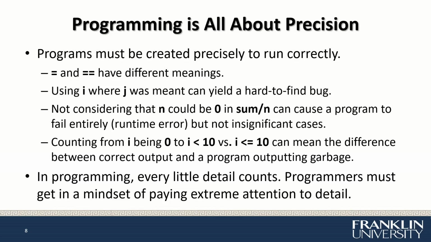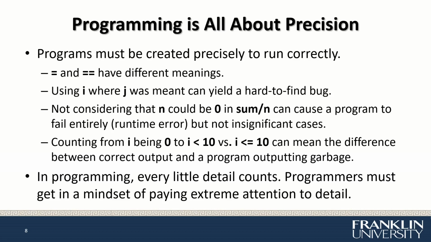Programming is all about precision. Programs must be created precisely to run correctly. The assignment equal and the equality equal have different meanings. Using I where J was meant can yield a hard to find bug. Not considering that n could be 0 in sum divided by n can cause a program to fail entirely.